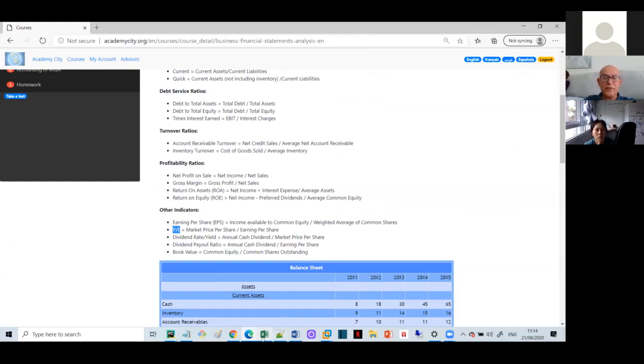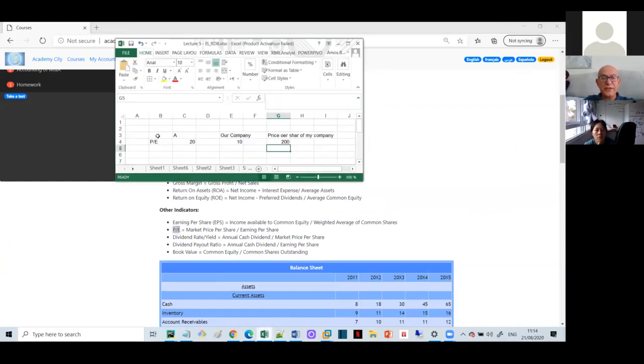For example, we will take P over E. If I know the P over E of other companies, I can take a major company that's very similar to mine. Better will be taking several companies and taking the average of the ratio P over E. Based on that P over E, I can project what should be the price per share for my own company.